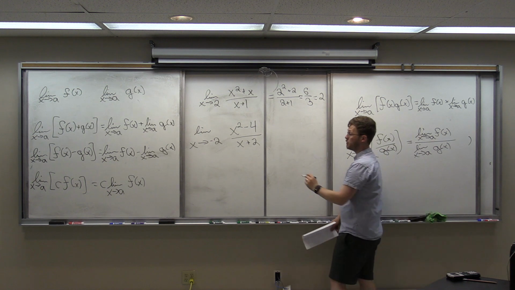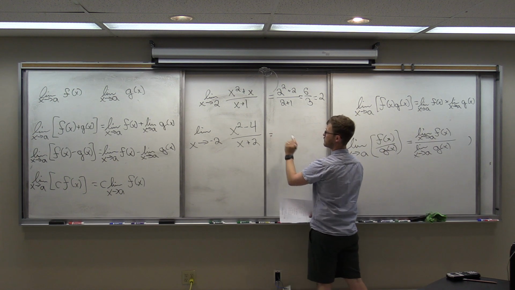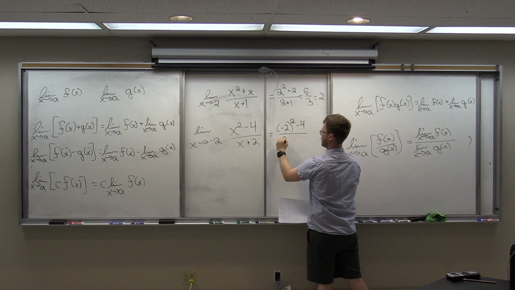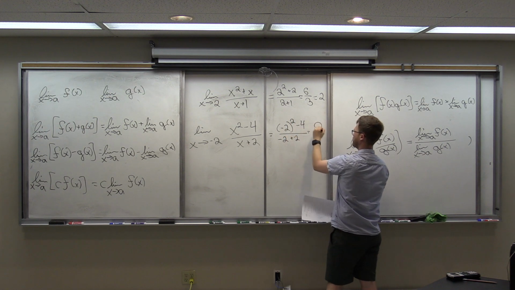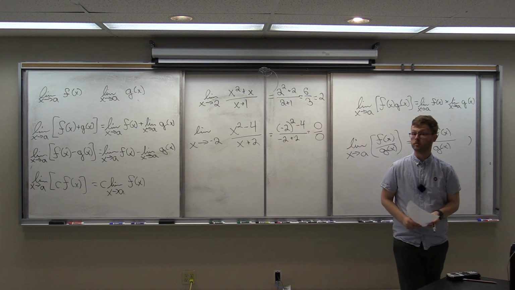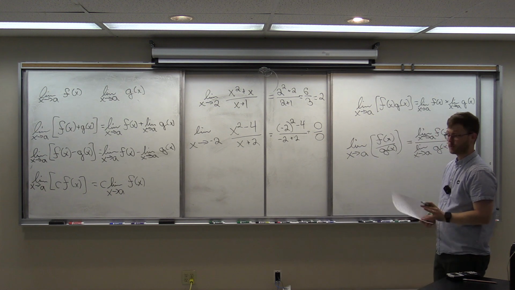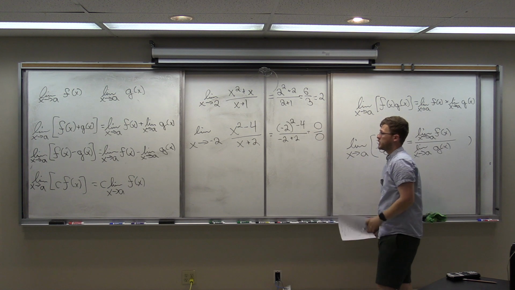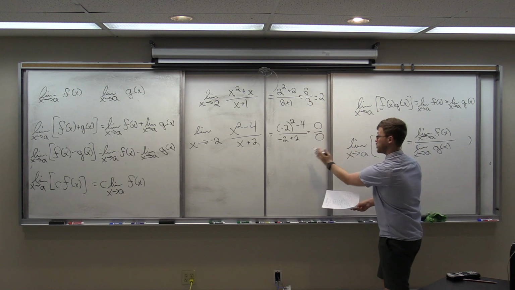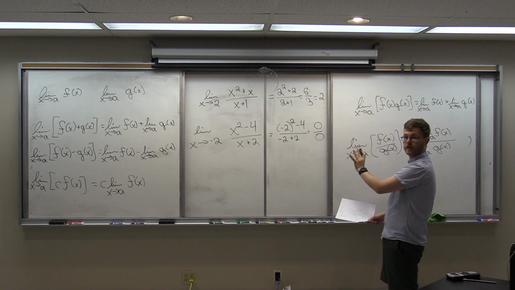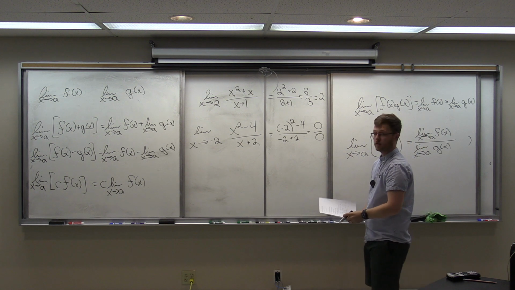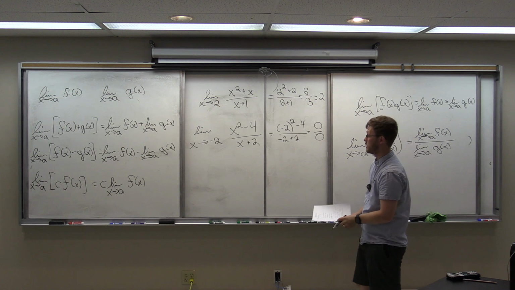If I try to plug in -2 here, I get 0 over 0. That's a problem, because we can't divide by 0. So something is wrong. I may want to jump straight to the end and say, this limit does not exist. But I can't do that, because there is an algebraic trick that is going to help us here.